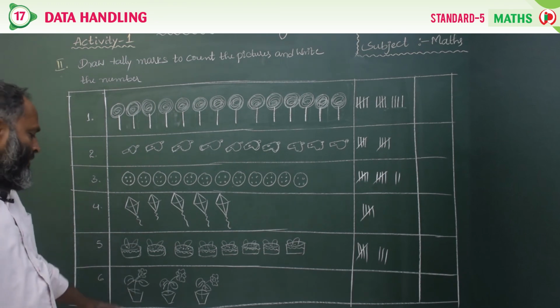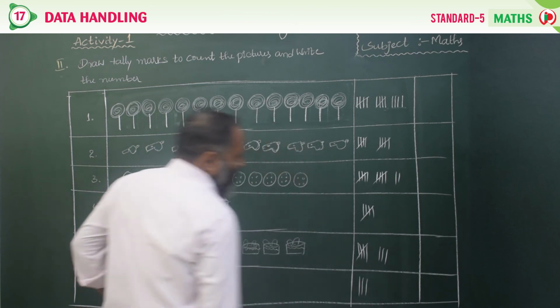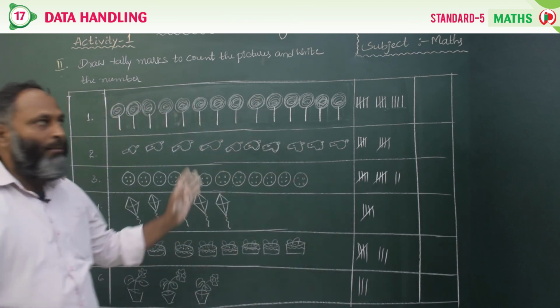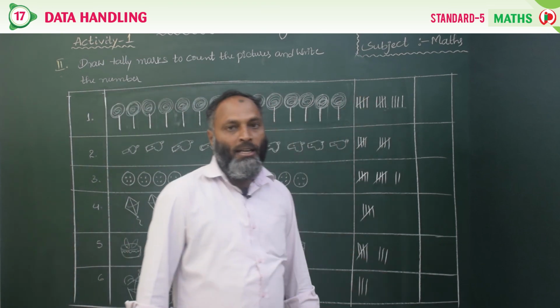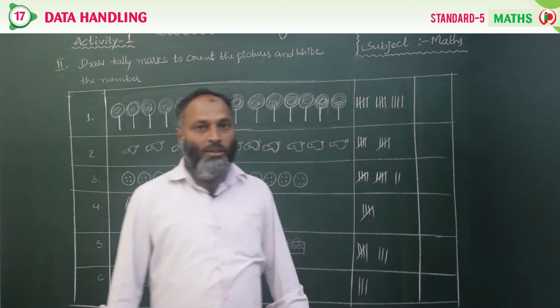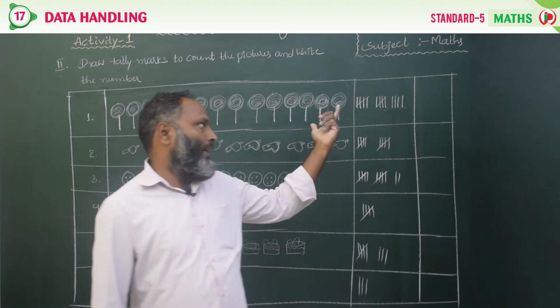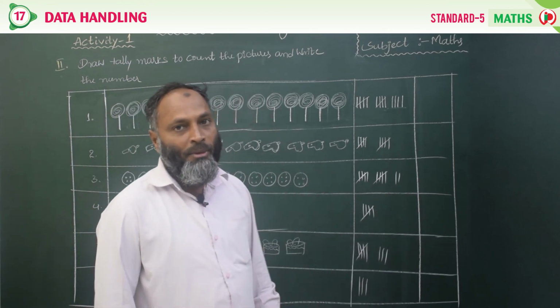How many flower pots were there? 3. 1, 2, 3. So this is about tally marks. In tally marks, first we count one by one, and every 5th line we take a slant line. Then from the 6th line we change the group and draw lines again, and the 10th line is again a slanting line.